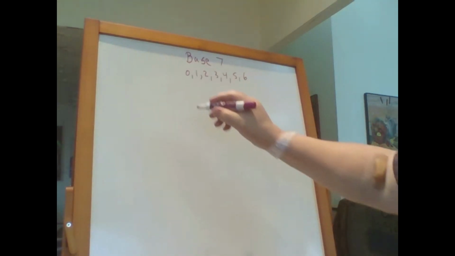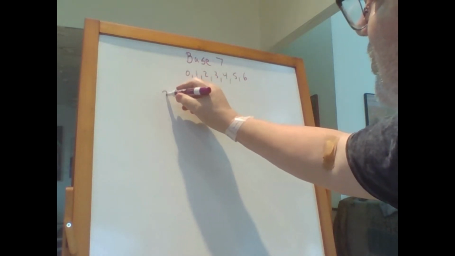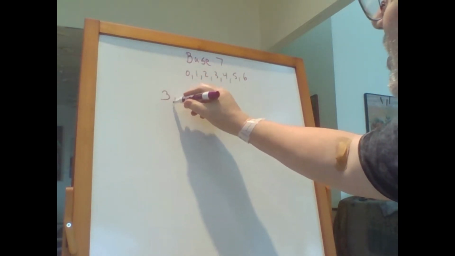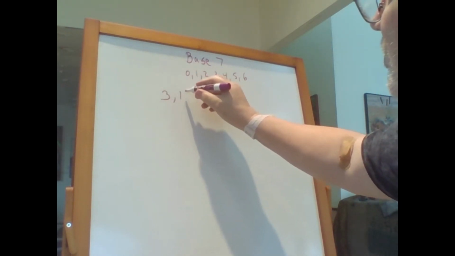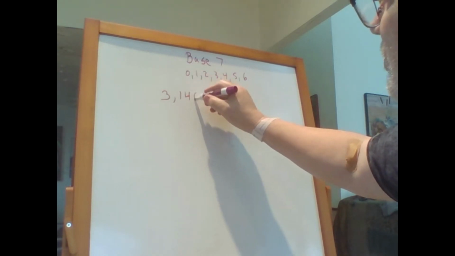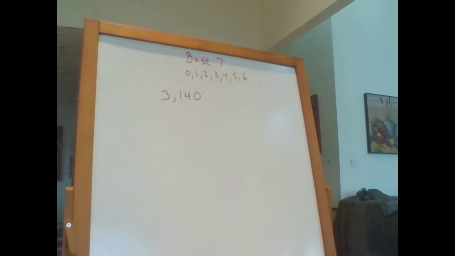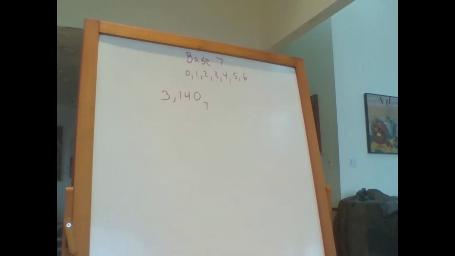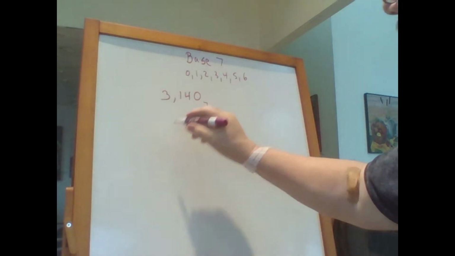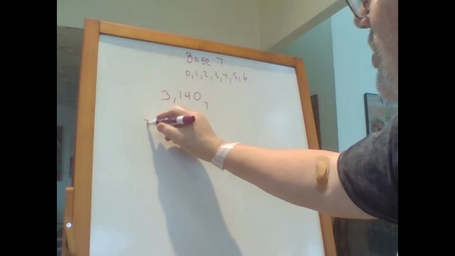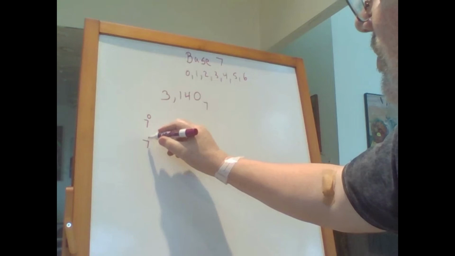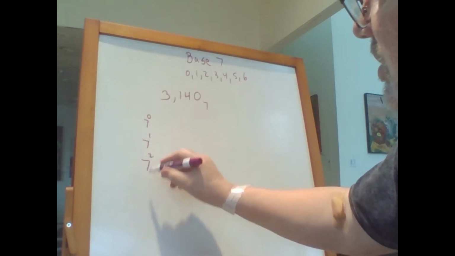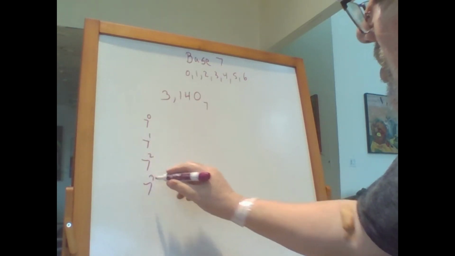And let's make it a little easier. Let's say this is 3140 in base 7. What would that be in base 10? Well, this is 7 to the 0, 7 to the 1, 7 squared, and 7 to the third.